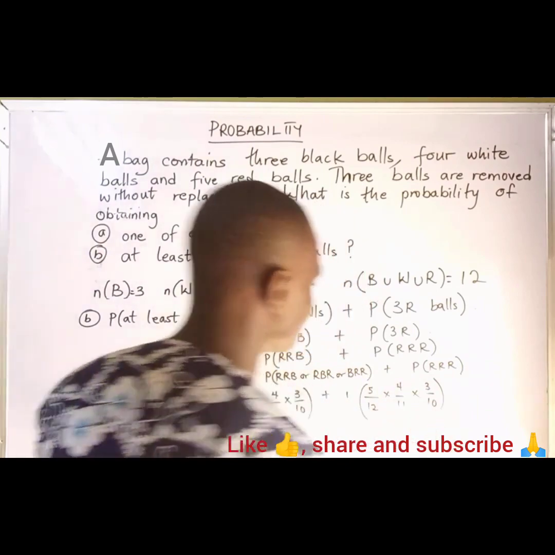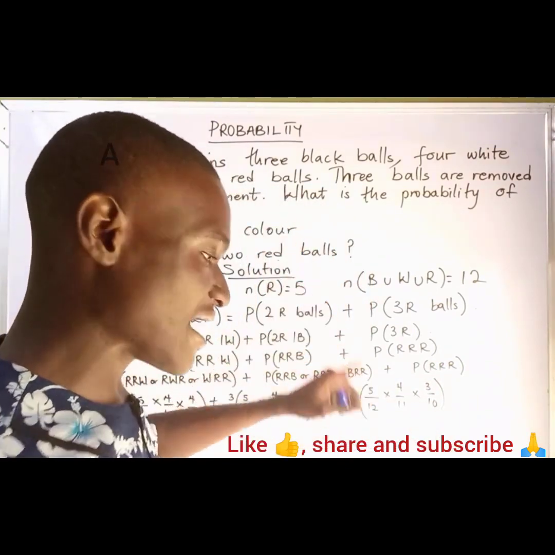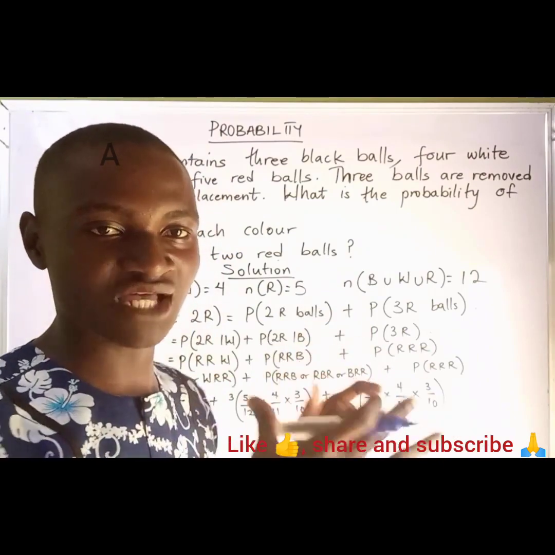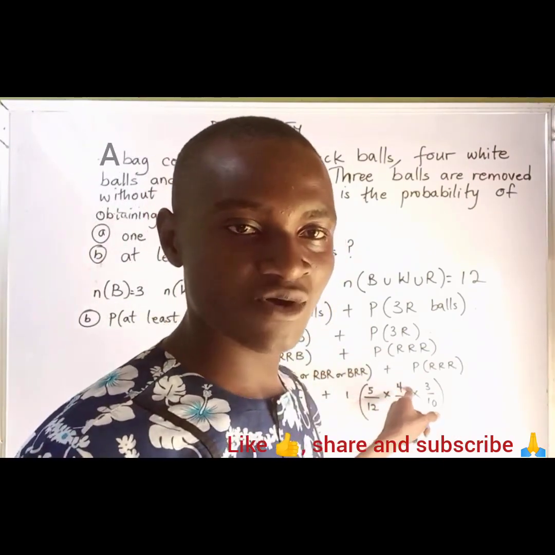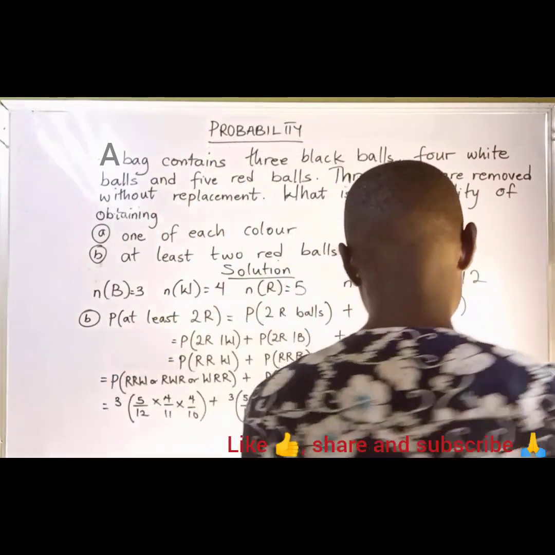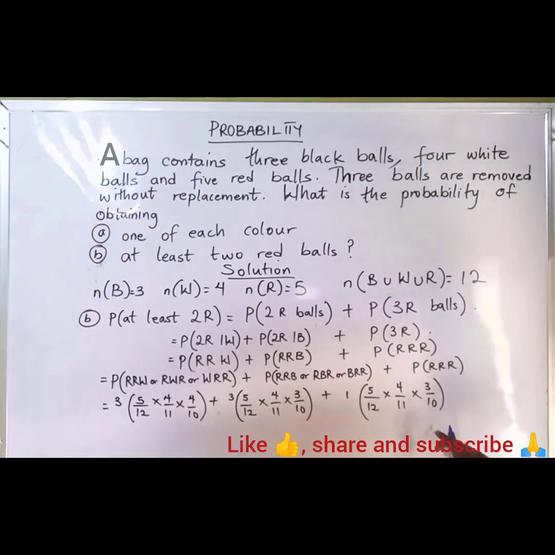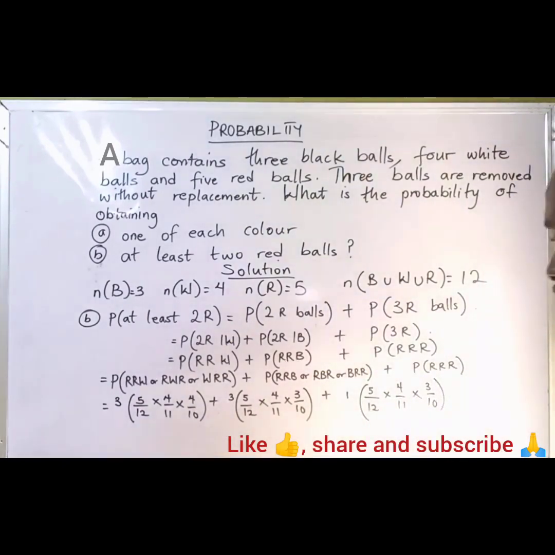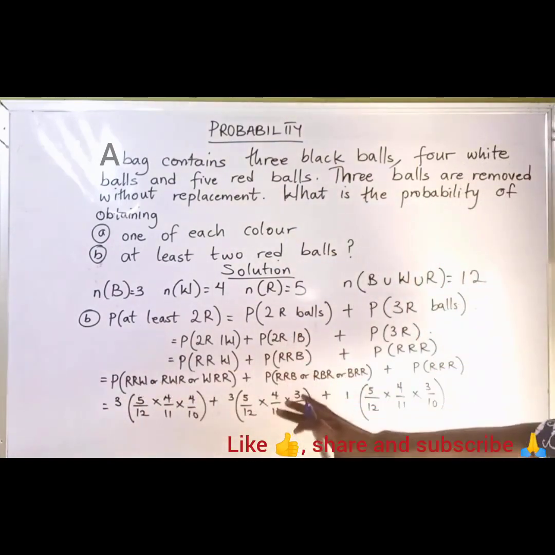How did I get 3/10? When I pick the first ball, that is red, I have 5 red balls out of 12. When I pick the second, I have 4 red balls out of 11. And when I pick the third, I have 3 red balls out of 10.